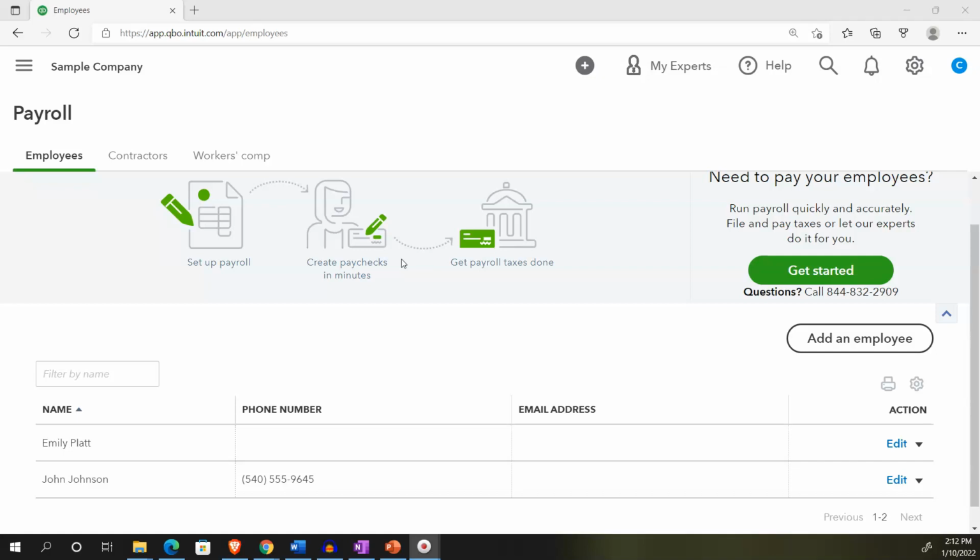So that means they earned the gross pay, we gave them the net pay, which is actually the check. The difference between the two is going to be recorded in some kind of liability account.